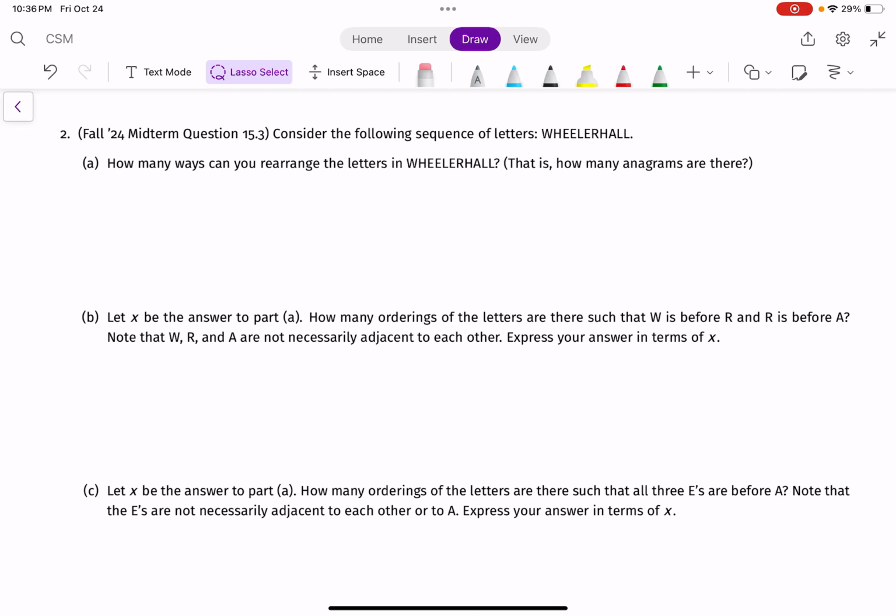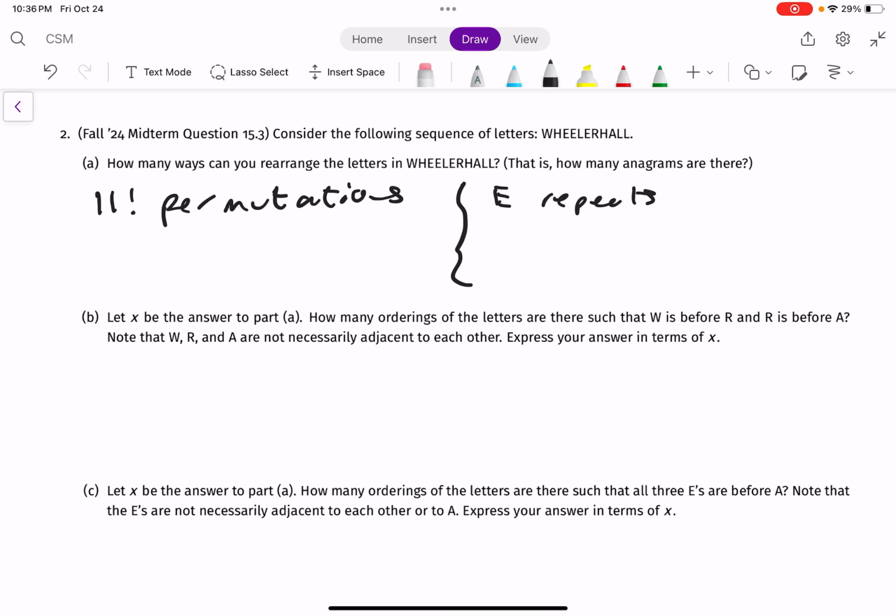There's 11 letters, which means there's 11 factorial permutations. But we need to be careful because some letters repeat, so we end up overcounting. For example, the letter E repeats 3 times.